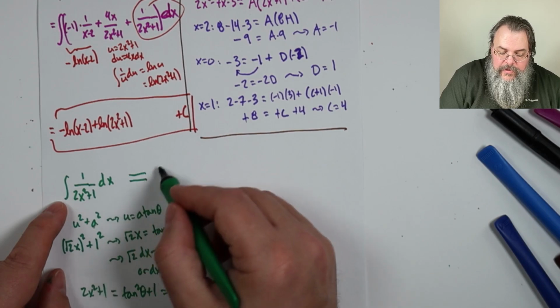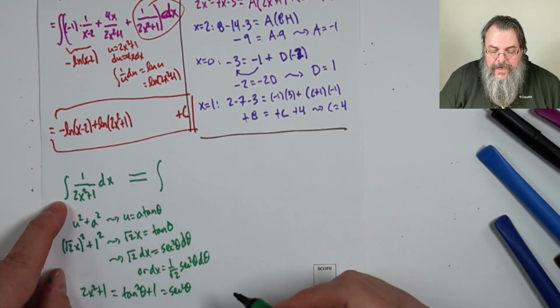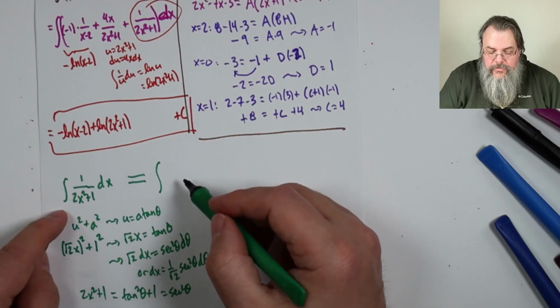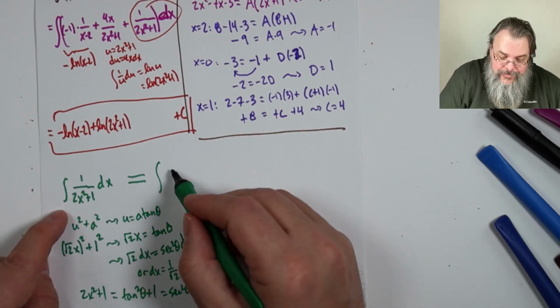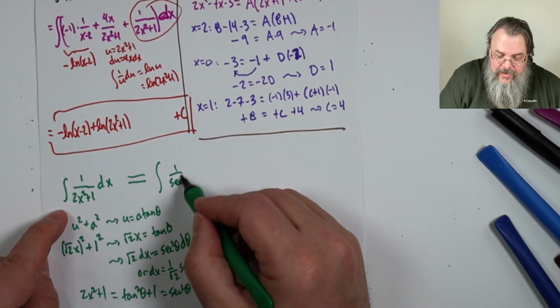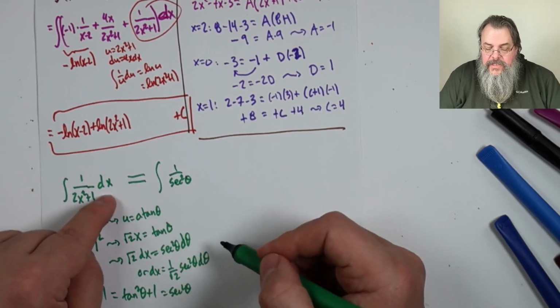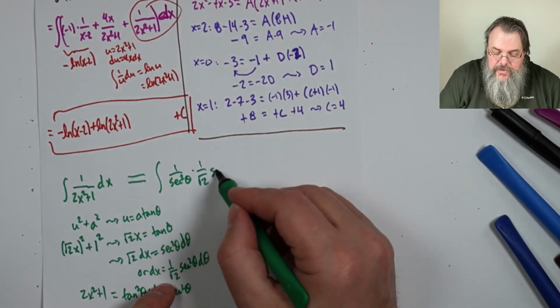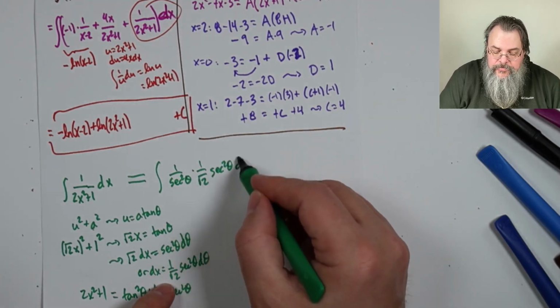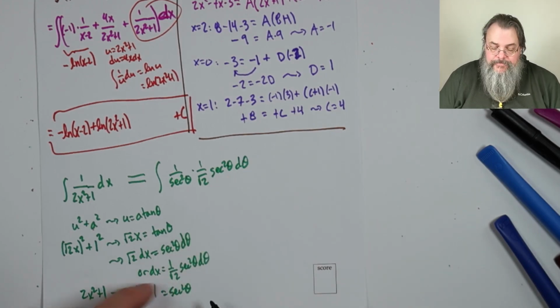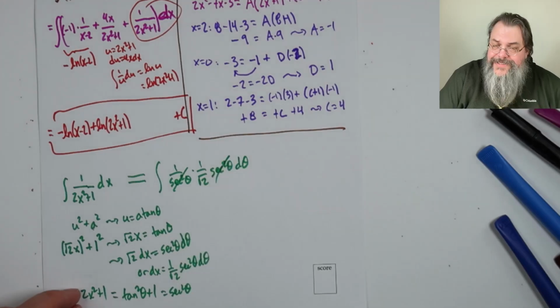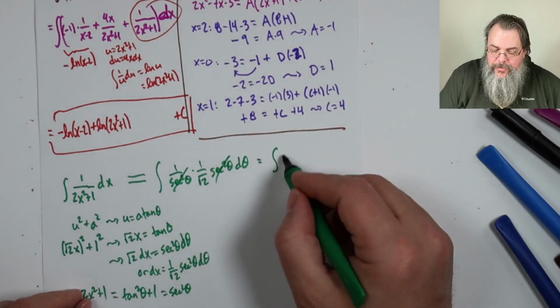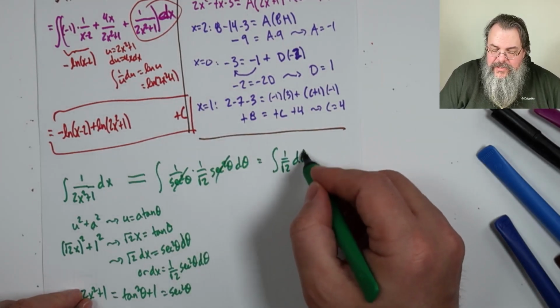So, with this substitution, we have 1 over secant squared. That's our first part. The dx is 1 over square root of 2 secant squared d theta. The secant squareds cancel, so this becomes the integral 1 over square root of 2 d theta.